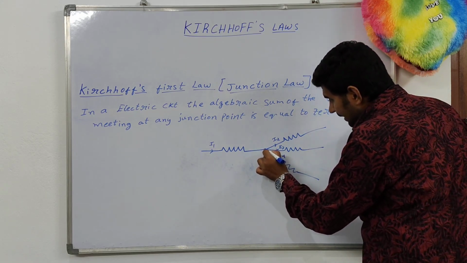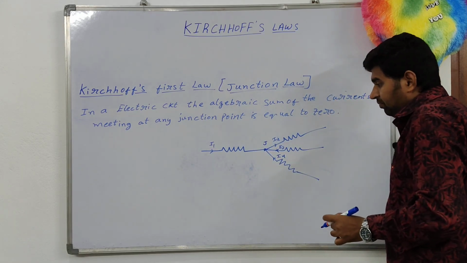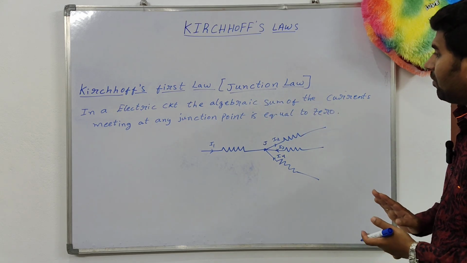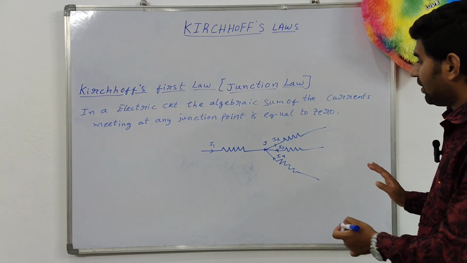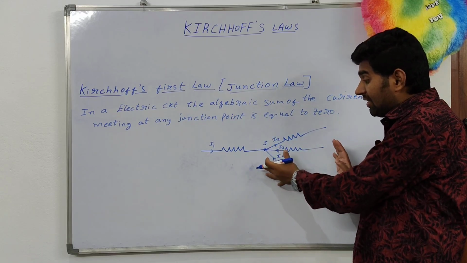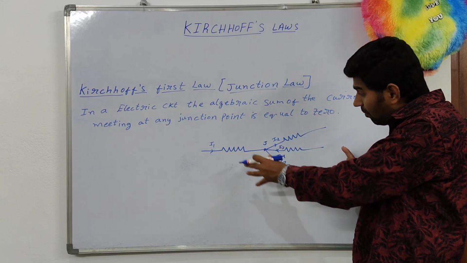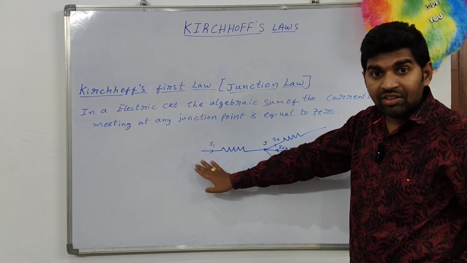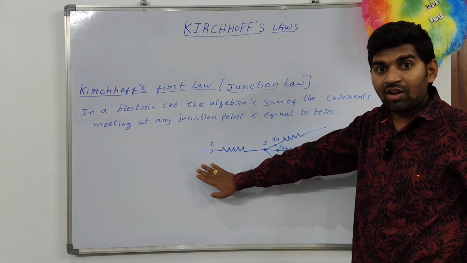Now this is the junction point. At this junction point, the algebraic sum of the currents is equal to 0. Algebraic sum means we have to represent the current with respect to sign conventions also.